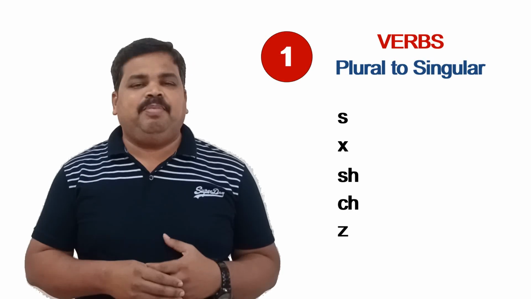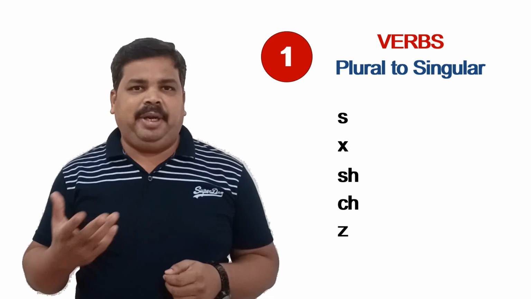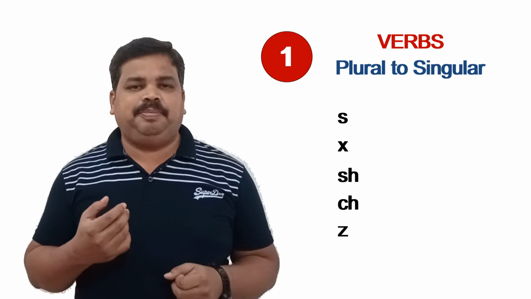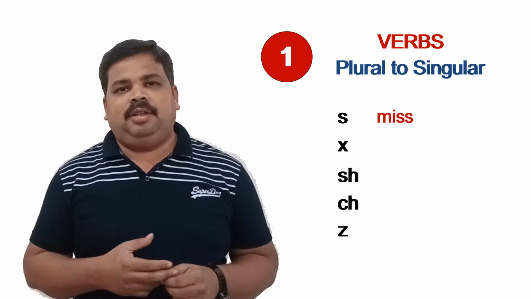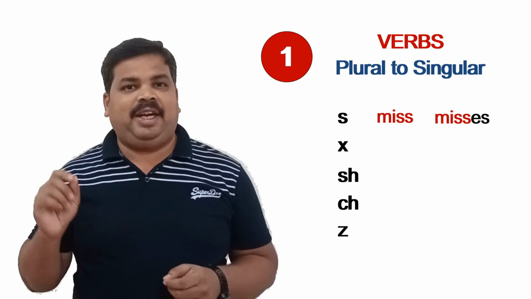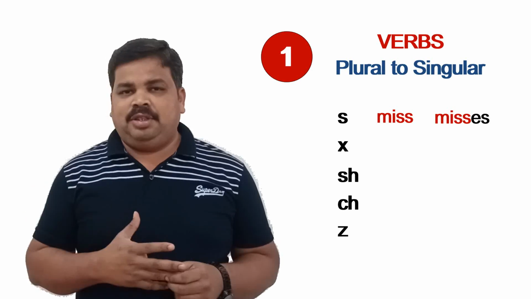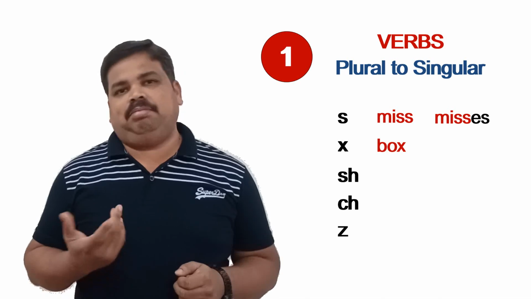For example, if there is a verb ending with s, something like miss, then the singular form of miss would be misses. We are adding es to that. So when we have words that end with x, for example something like box.